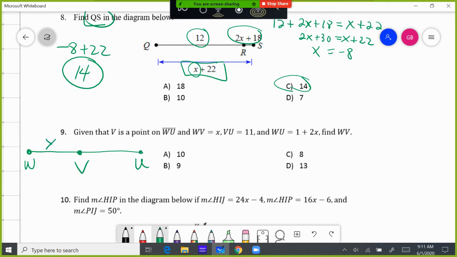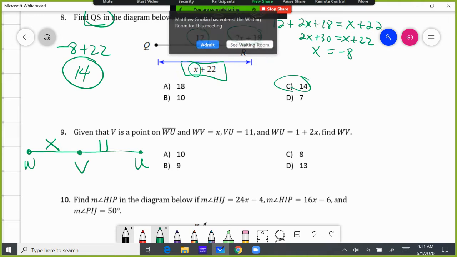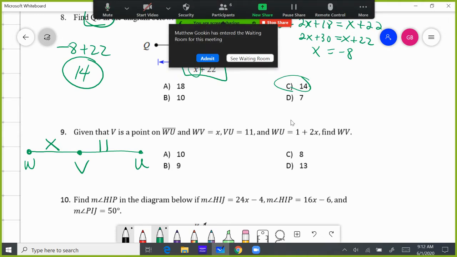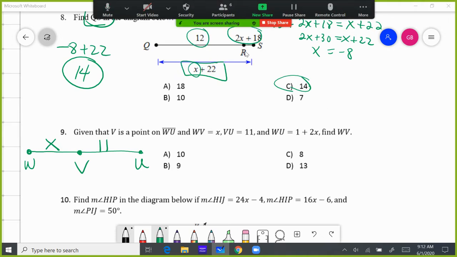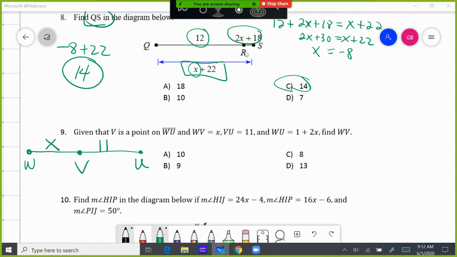WV is x, and then VU is 11. And then WU is 1 plus 2x. So from here to here, we have 1 plus 2x.